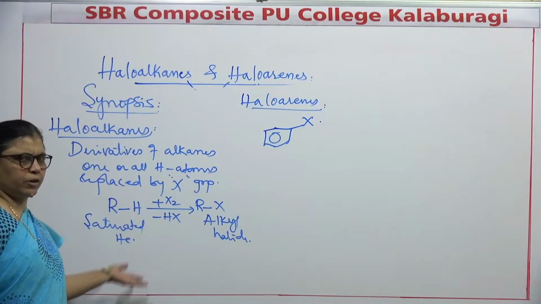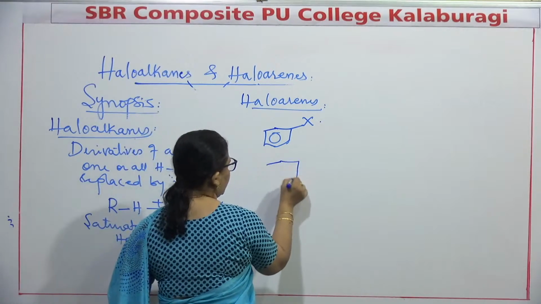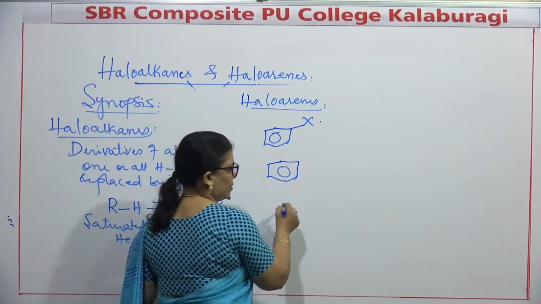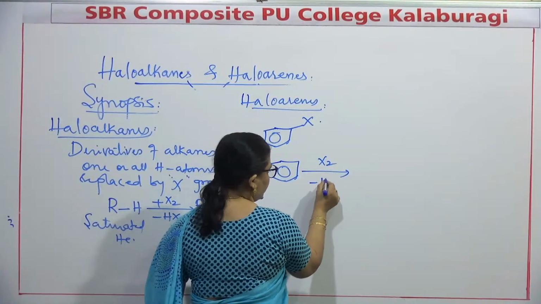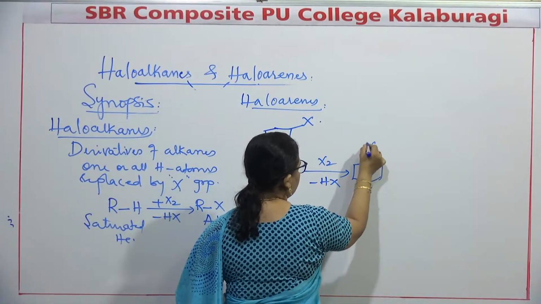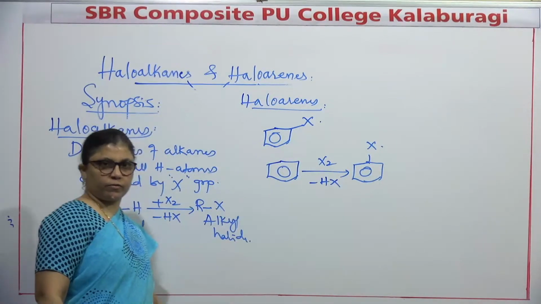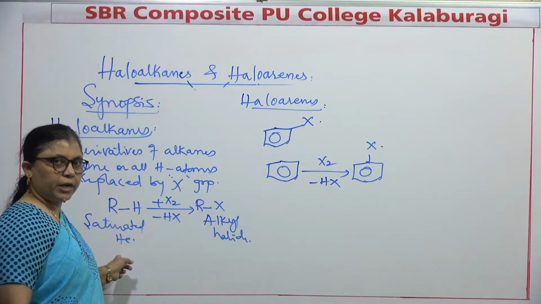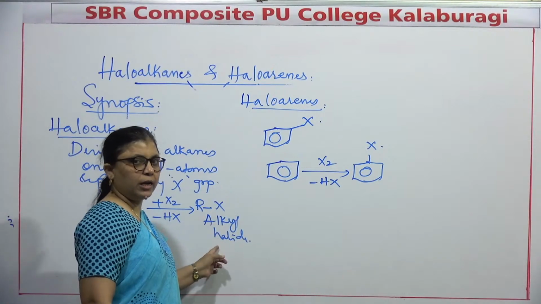Alkyl halide. Even you can call it haloalkane also. In case of benzene, on halogenation, minus HX, it is converted into haloarene. Both are the conditions. In one, saturated hydrocarbons are converted into haloalkane or alkyl halide.